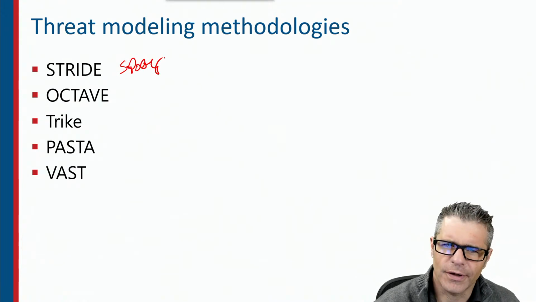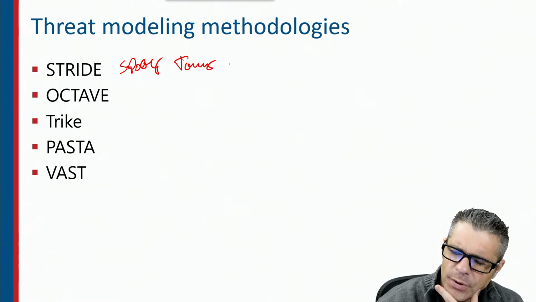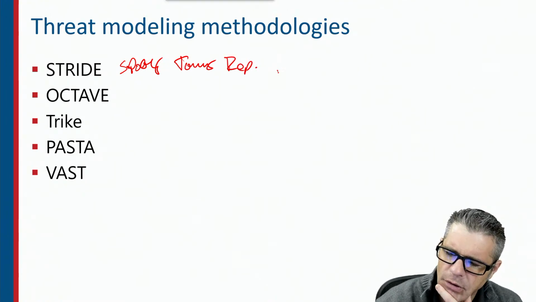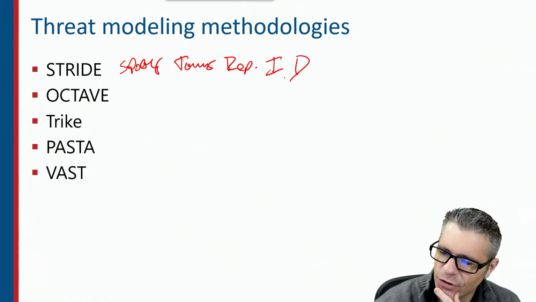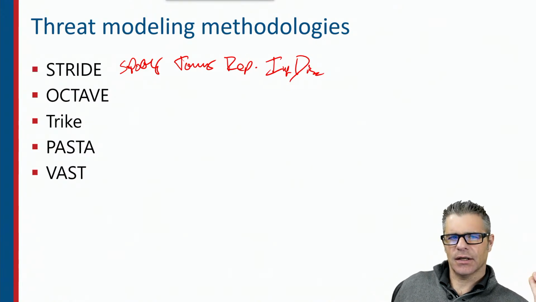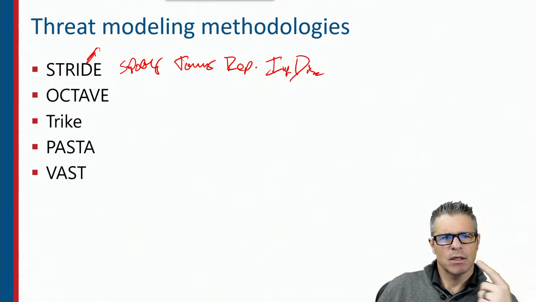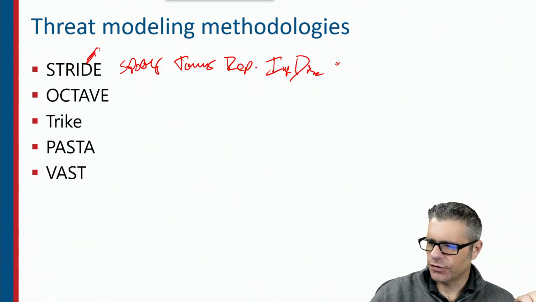Spoofing, tampering, repudiation, information disclosure, and then denial of service is also thrown in that D, and then elevation of privilege.